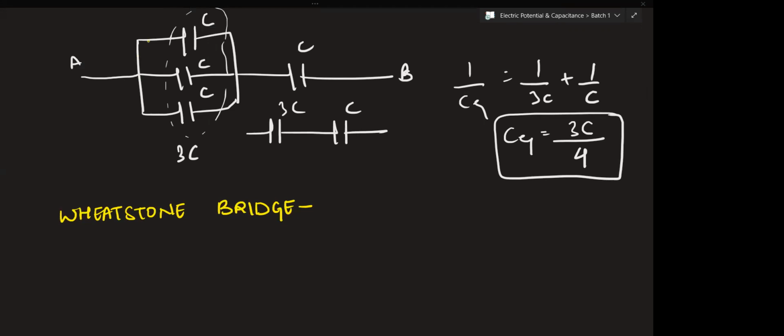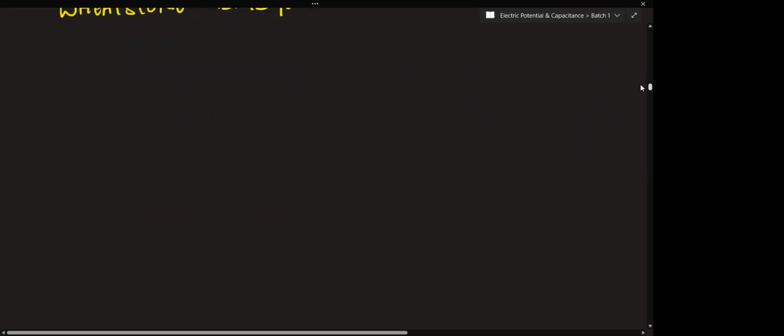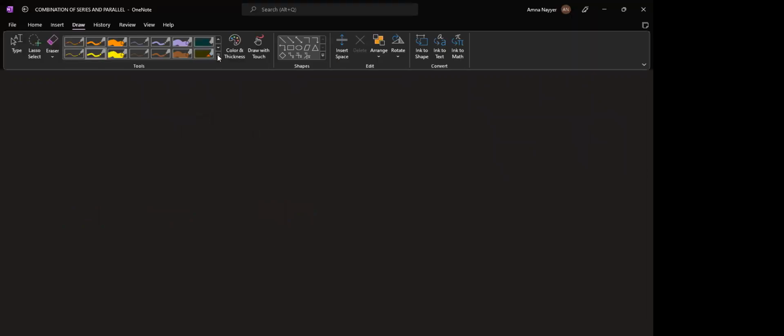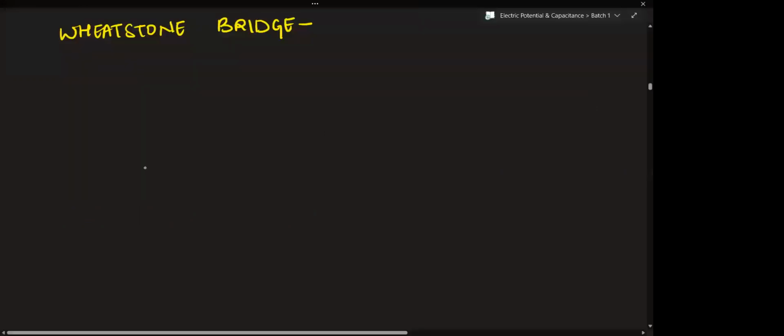So the next topic is Wheatstone bridge. If your capacitors are arranged in this manner, so Wheatstone bridge we'll be studying in detail in resistors only because it's a part of that. But it can come in your capacitors as well if your circuit is connected in this manner.